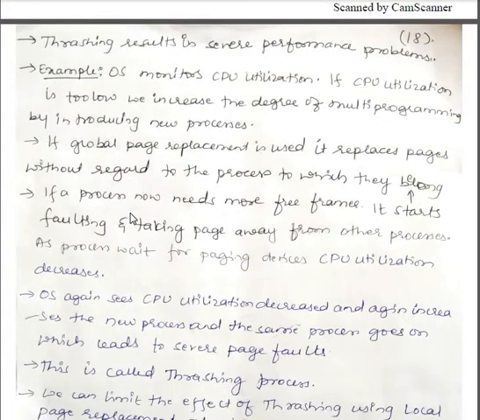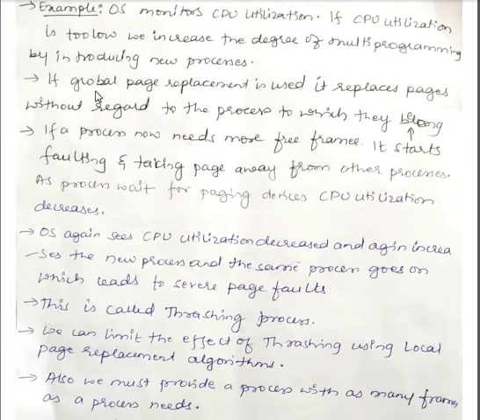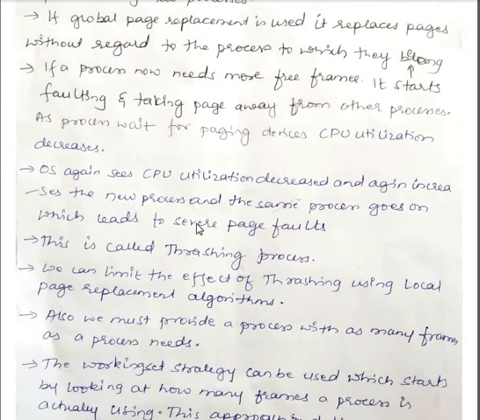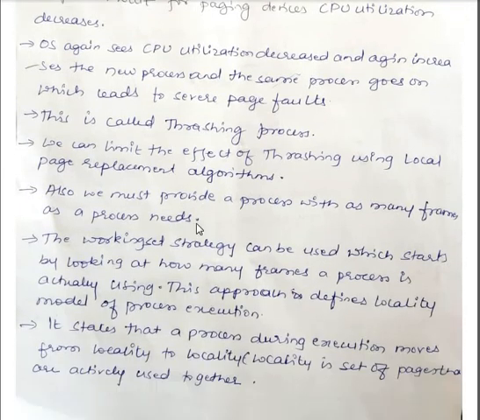So how do we avoid this thrashing? One is by using a local replacement algorithm. If we use it, then the processes will just select frames from their own set of allocated frames. They are not going to take the frames of other processes. So this is one method by which we can decrease thrashing.